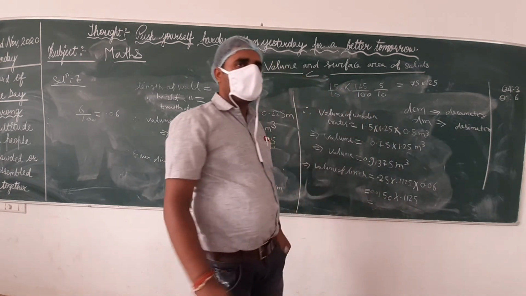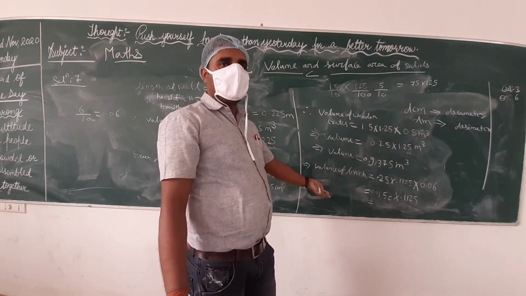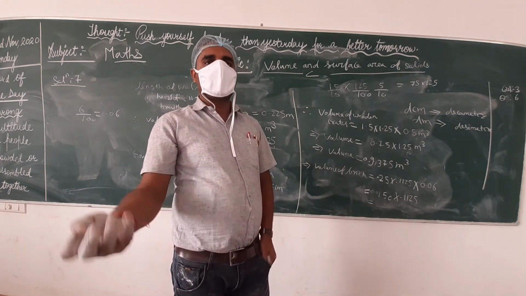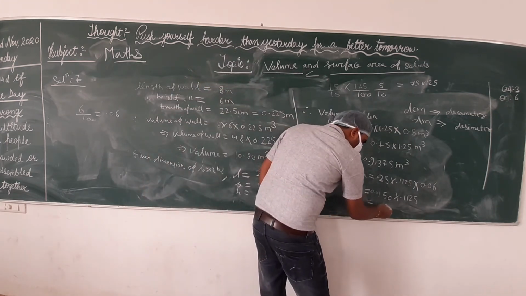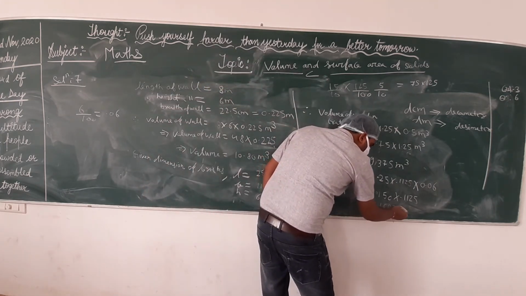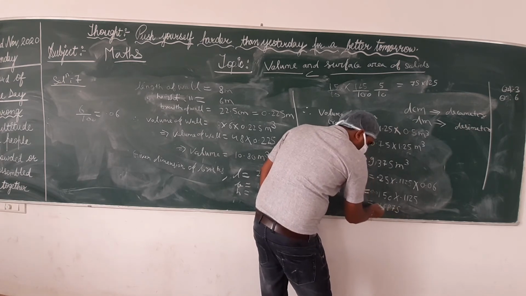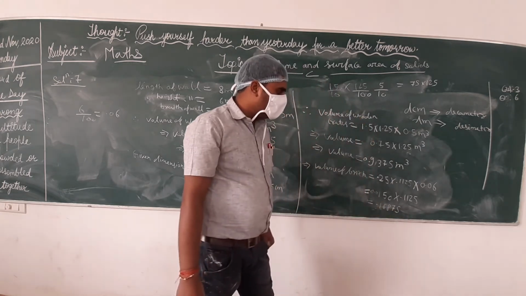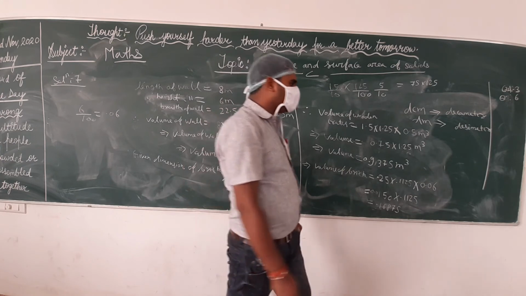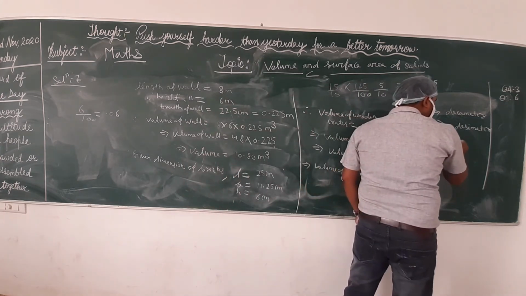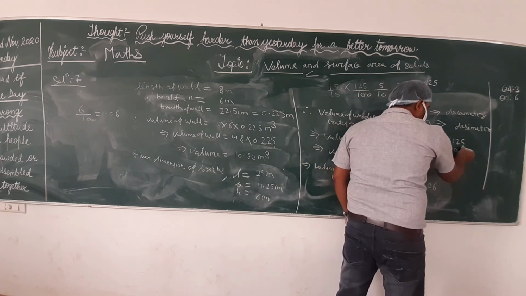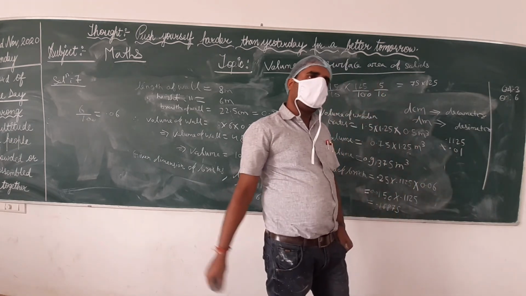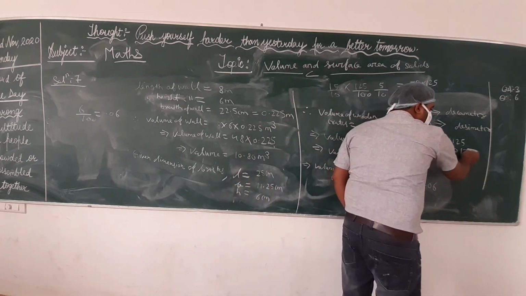You have to calculate the number of bricks, so first you calculate this quantity, after that you answer. This will become 0.1125 multiplied by 0.015. Clear, anyone have any problem?